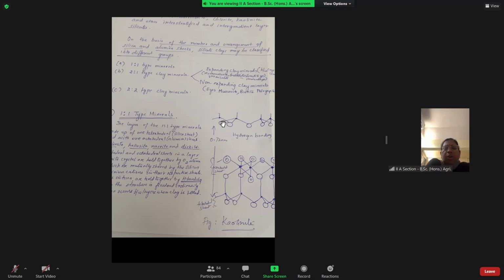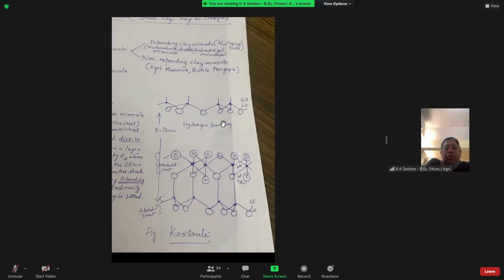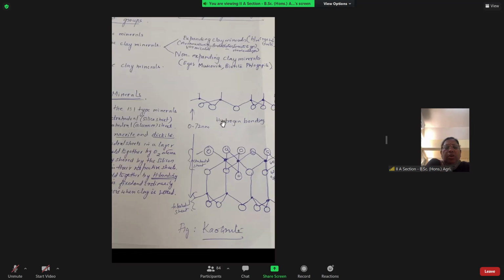1:1 type of clay minerals, as already said, show one sheet of silica layer, one sheet of aluminum layer. See the diagram I have shown you there. There are 6 circles, 6 oxygens, 1, 2, 3, 4, 5, 6, with 4 silicon, 1, 2, 3, 4 silicon.